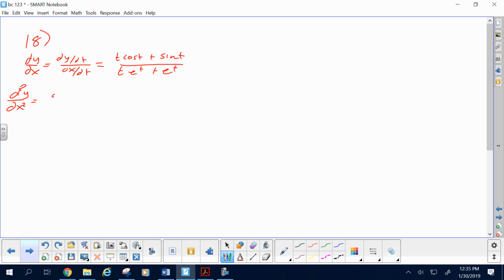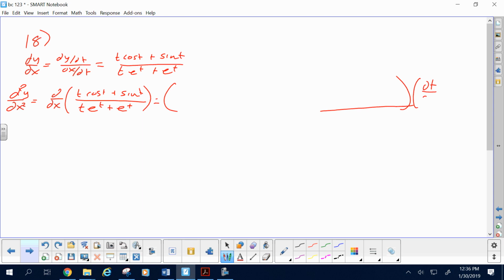And so when I take the derivative with respect to x of the first derivative, you will have to take the derivative of the inside, which is this big, huge mess. But then, via chain rule, it's the derivative of that times the derivative of t with respect to x. Now, we typically don't usually write that over there. We usually write dx dt in the denominator. I'll deal with that in a second. Are you with me now?